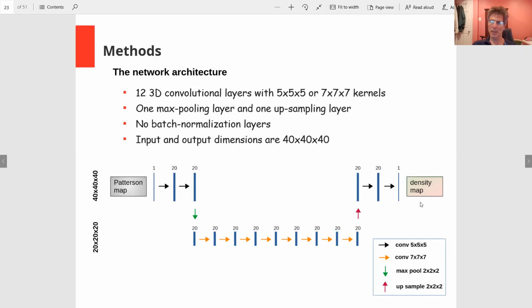And on the output is the density map. And that's one channel. And all of these 20s above the vertical bars are the number of channels at each of the internal layers. So it's really the number of kernels that are used at each of the internal layers.